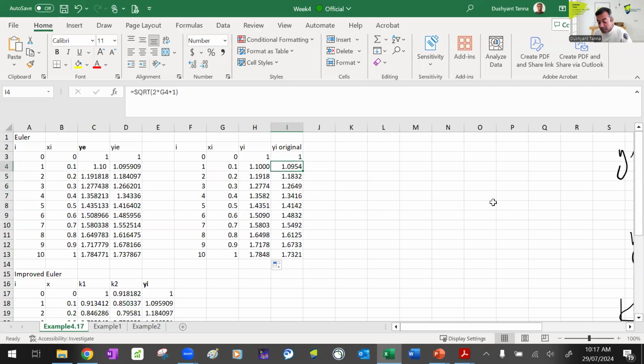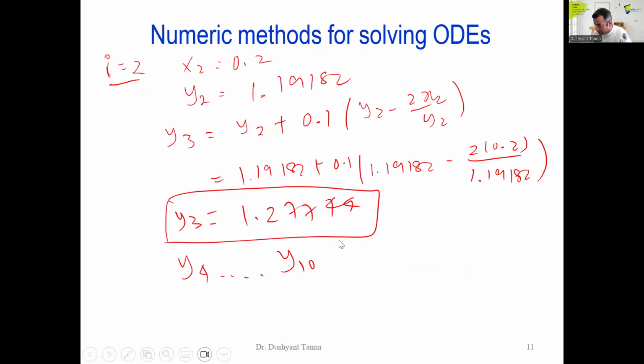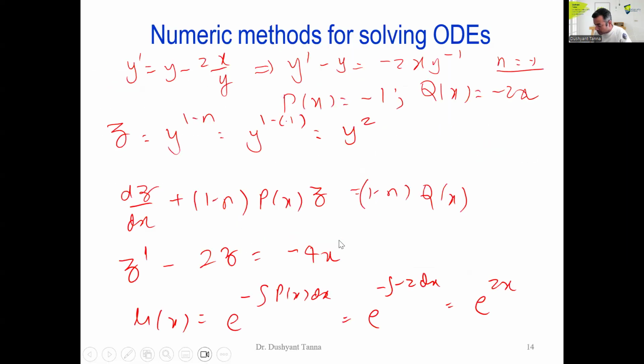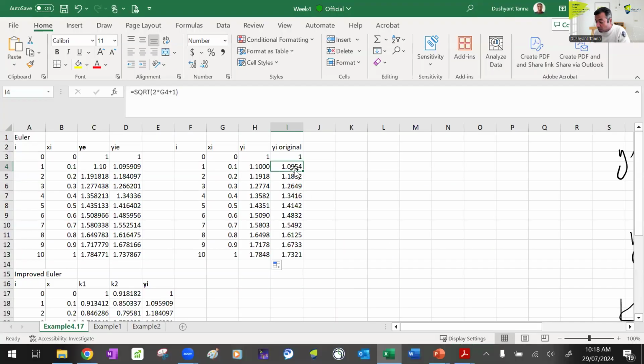Now, you will compare the error. You need to go for the final step that I've done here. You'll plug in the value y of 0 is 1 into this one, which I did as practice last week in week 3, the regular session and the support session. Once you have your actual y value, square root of 2 times x plus 1, it's not a recursive thing, because in the original you are not going back.